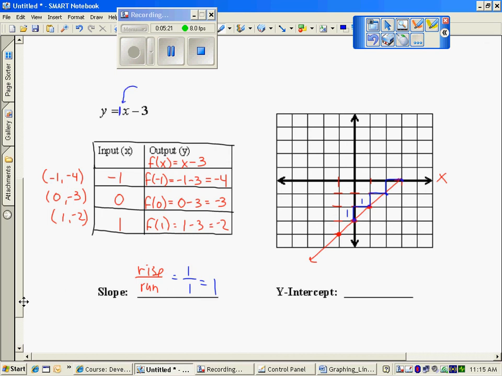Sometimes we don't show the 1, so they are matching up like they did in the first case. If I remember, this is supposed to be my y-intercept. Looking at my graph, it is in fact my y-intercept. My y-intercept is the ordered pair 0 in x, negative 3 in y. Notice your y-intercept is an ordered pair.